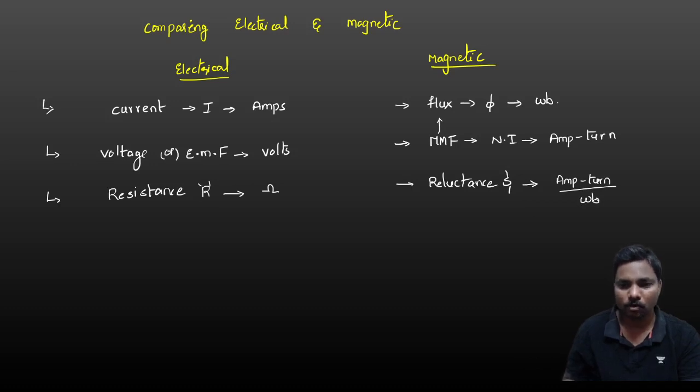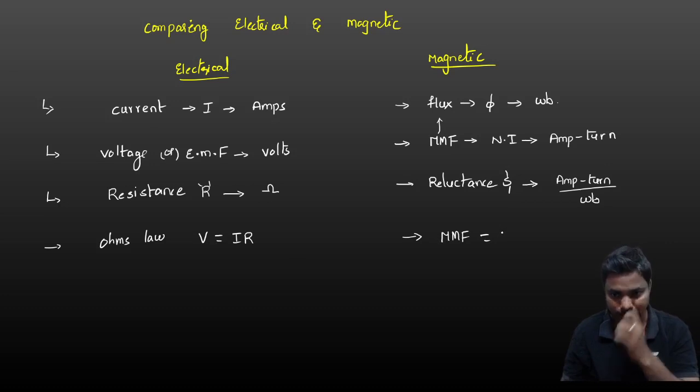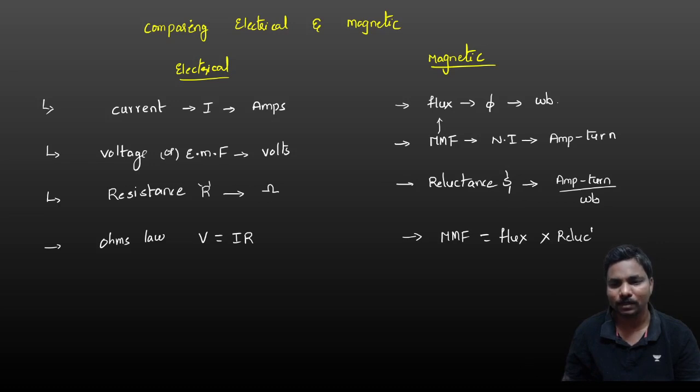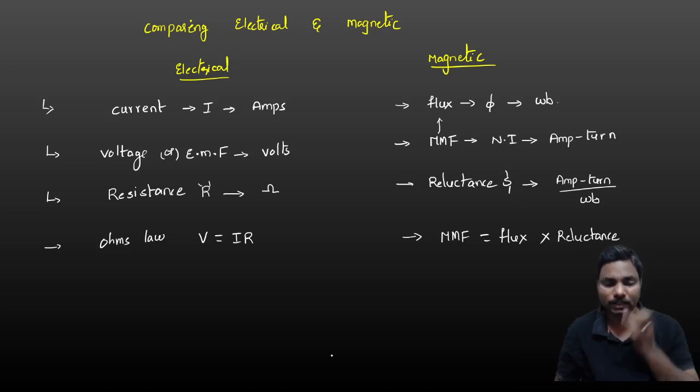Now what is the Ohm's law? Relation between voltage, current and resistance: V is equal to I into R. In the place of voltage we have the MMF, in the place of current we have the flux, in the place of resistance we have the reluctance. Simple. Got it? So I am comparing all this.